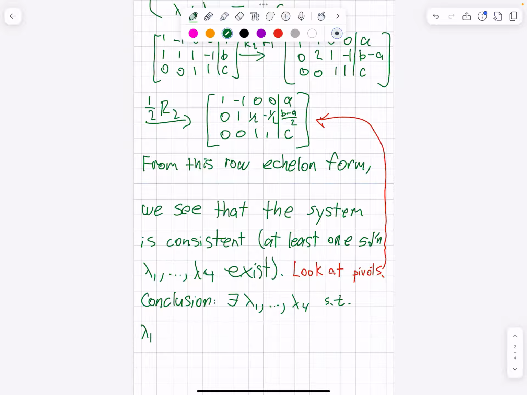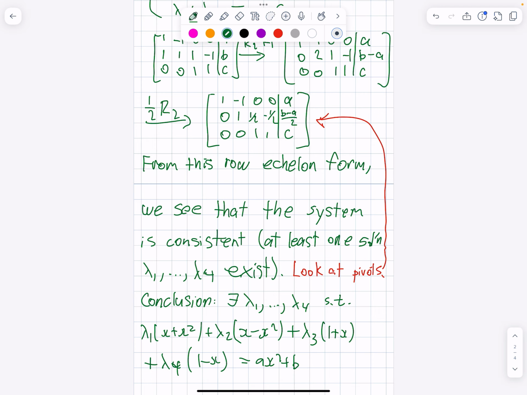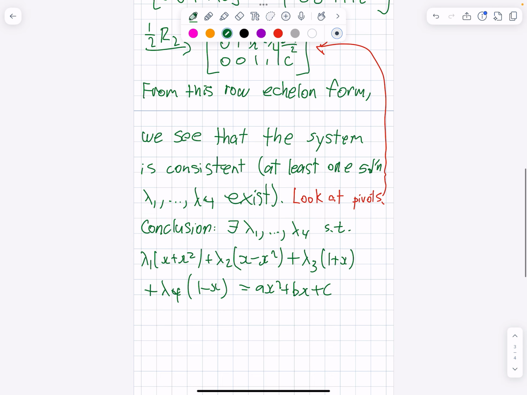It was lambda 1 times (x plus x squared) plus lambda 2 times (x minus x squared) plus lambda 3 times (1 plus x) plus lambda 4 times (1 minus x) is equal to our general element ax squared plus bx plus c, which implies that this element ax squared plus bx plus c is in the span of this whole thing we're trying to figure out, right?